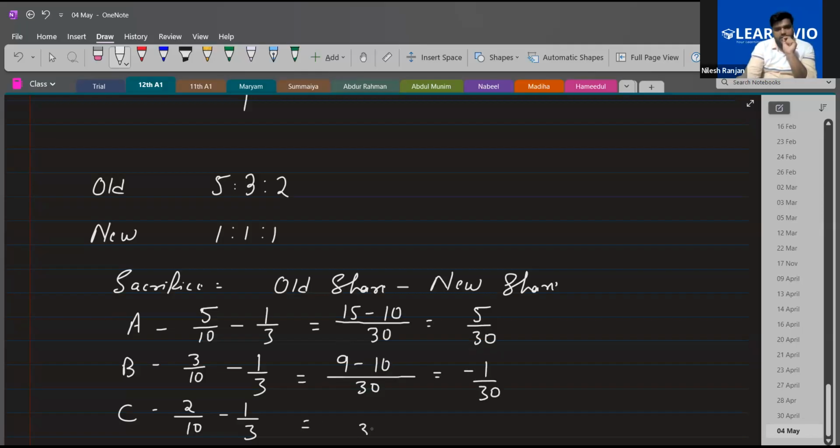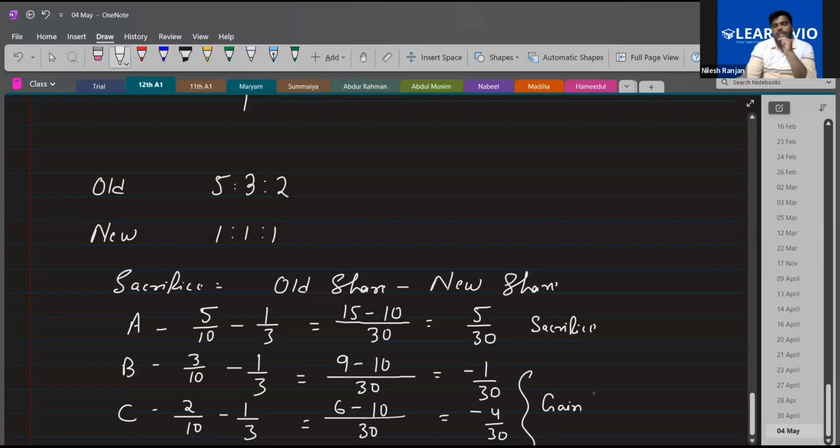For C, 6 minus 10, it is minus 4/30. So this is sacrifice, and it is negative for these two, so they are gaining. So it is gain.